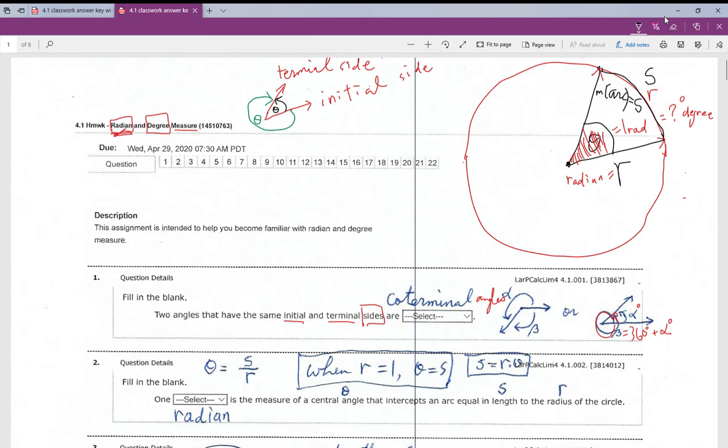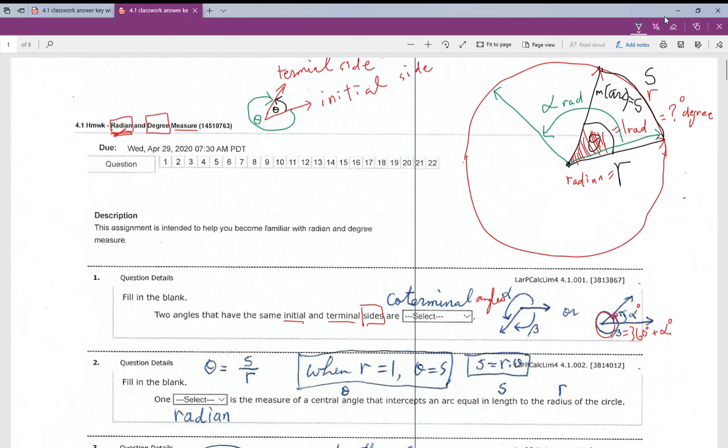Then how about if I have another angle? Start from here and keep going up there. I would like to know how many radian here. If this angle, we call it alpha, how many radian is it?